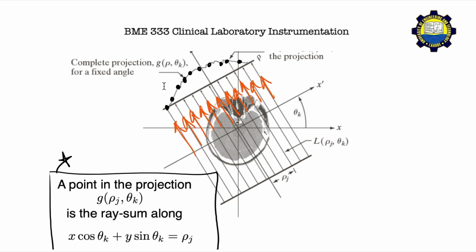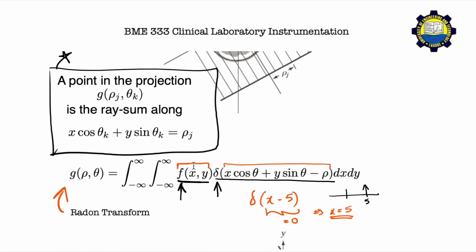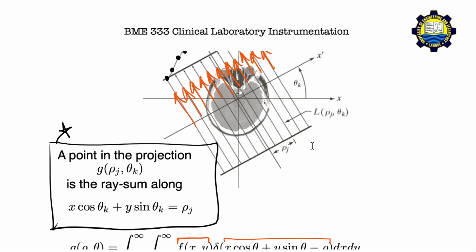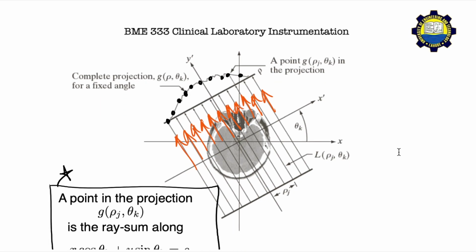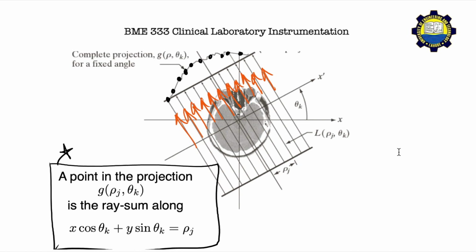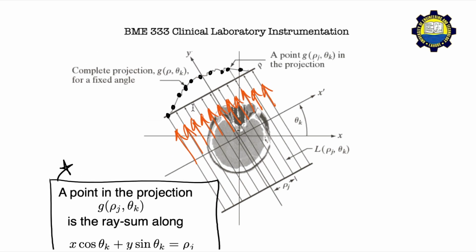What this equation is doing is helping us get the value of these points together. And if I were to integrate, or basically just sum along this particular point in the projection, I would get a value of my projection at this point. And getting similar points, I could draw a profile.